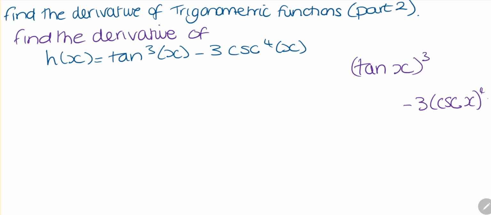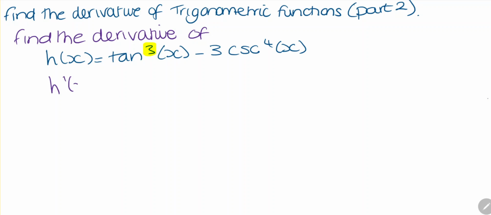Because of this, we can actually use the chain rule. So let's have a look. First of all, we have 3 tan x. Let's find the derivative using the chain rule, so 3. We're going to write tan of x the same.